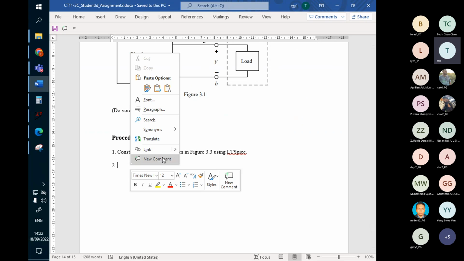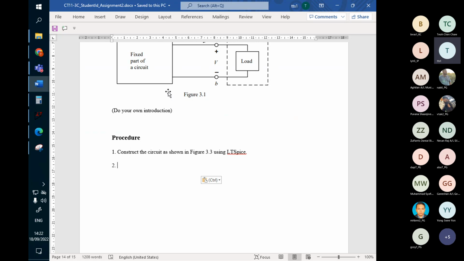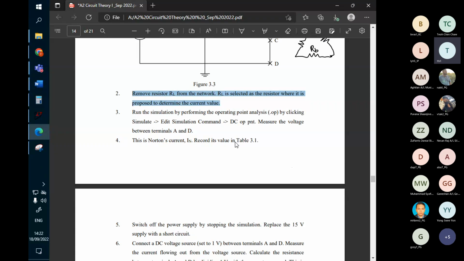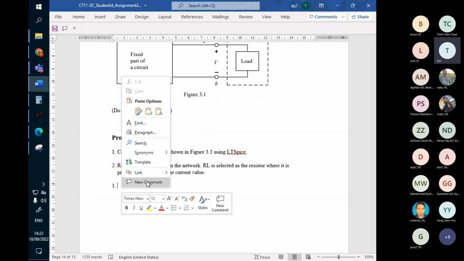Never mind, just copy it. Okay. I think we should proceed to step 3 now because step 2 doesn't mean anything. We just say remove the RL. Step 3 tells the exact instruction we need to follow. Let's start from step 3.